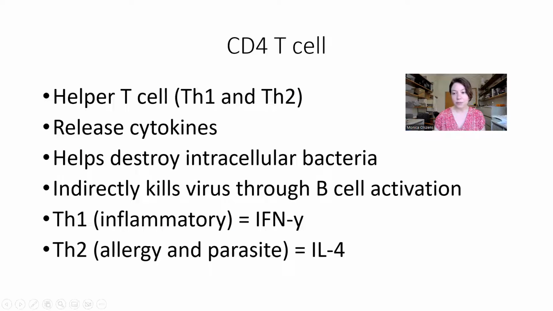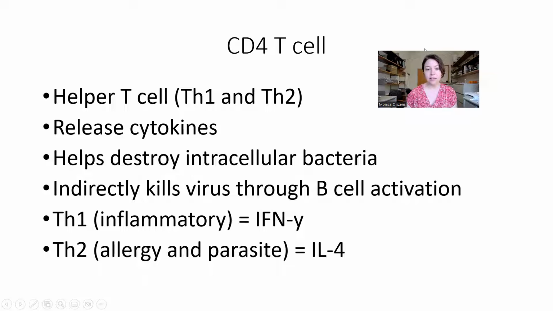So here's the helpers. They are basically like macrophage cheerleaders. They release a ton of cytokines. They can destroy intracellular bacteria and indirectly kill through B cell and macrophage activation. So there are different types. There are subtypes of CD4 T cells. The two first discovered and best studied are Th1 and Th2.